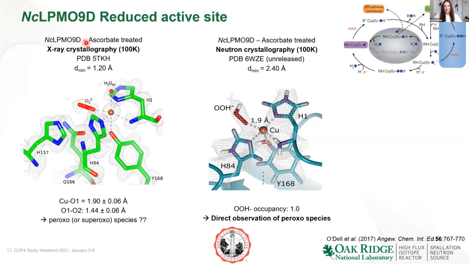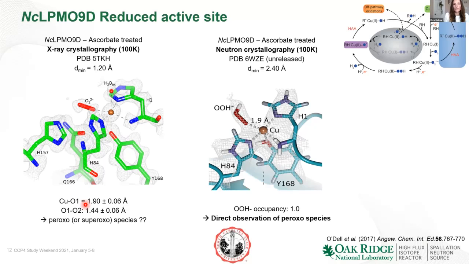We used a similar crystal that we treated with ascorbate in order to reduce the copper. And what we observe in our X-ray electron density map is that now we have displaced the equatorial water molecule, and we can now model the oxygen species here in the equatorial position. We model this species as a peroxo species.